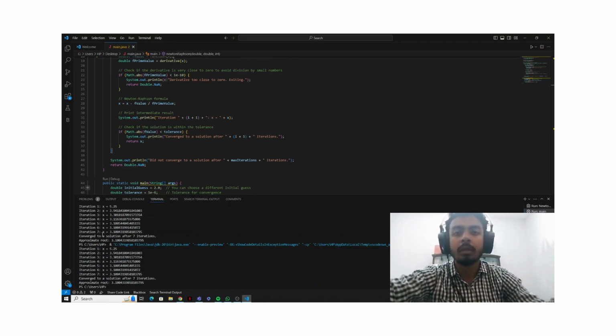Then we have our answer in 7 iterations, that is 3.10, and as you can see, we get closer and closer. After the first iteration it was 5.25, and the remaining 6 are converging, like 3.94 to 3.30, then 3.30, 3.11, and so on.